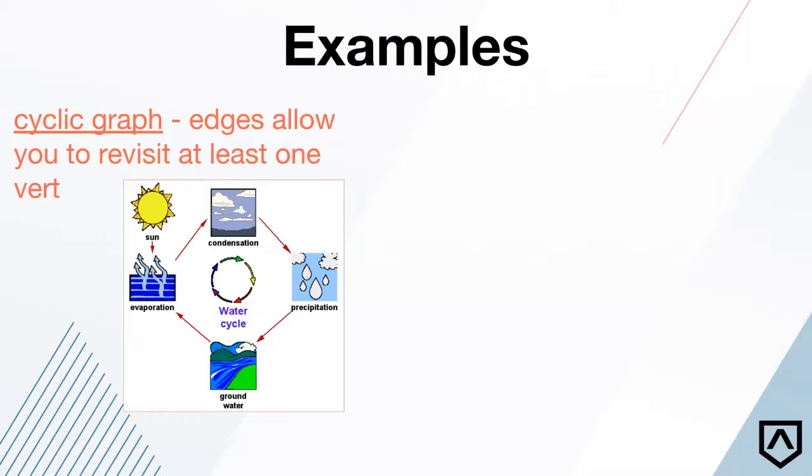So for example, if I had a graph representing some type of cycle like the water cycle, okay, there are states that I will revisit multiple times. So this would be considered a cyclic graph. And also looking at this particular example, there are no weights on the edges. So we would classify this as an unweighted cyclical graph. Okay.